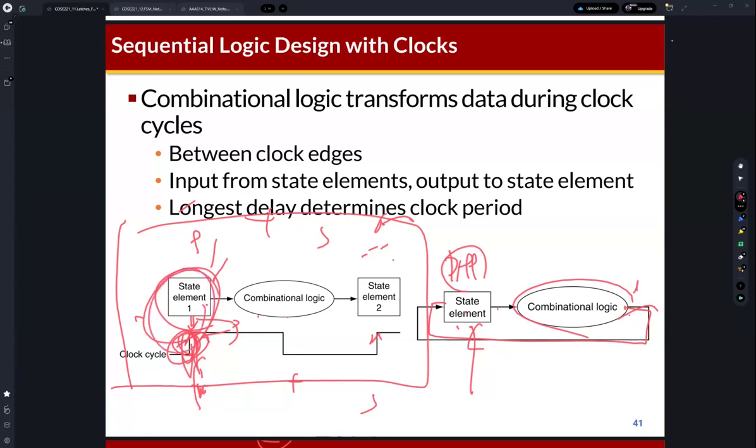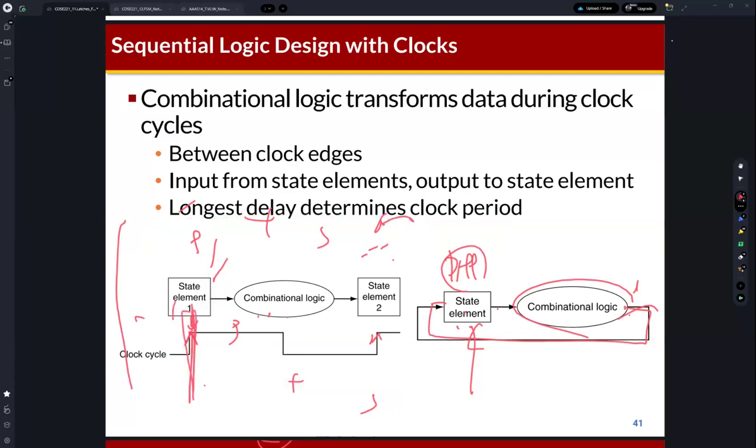Because of this D flip-flop, all input signals to this combinational logic are changed on the rising edge of clock at this time, right? So all signals are given to the combinational logic at the same time, right?